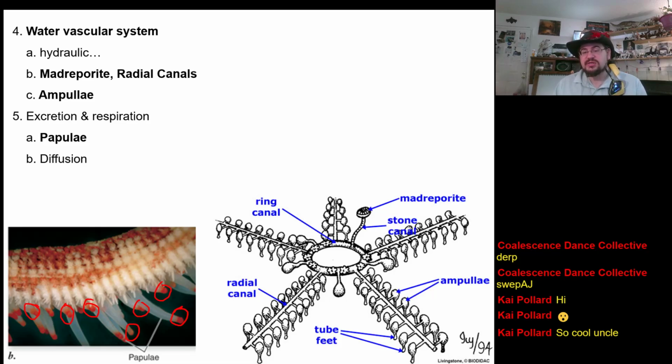Oxygen just diffuses across the papillae into the water vascular system, and oxygen diffuses from the water vascular system to the tissue. So there's no specific respiratory organ beyond the water vascular system. Circulatory, locomotory, feeding, grasping, and respiration. The water vascular system does it all.